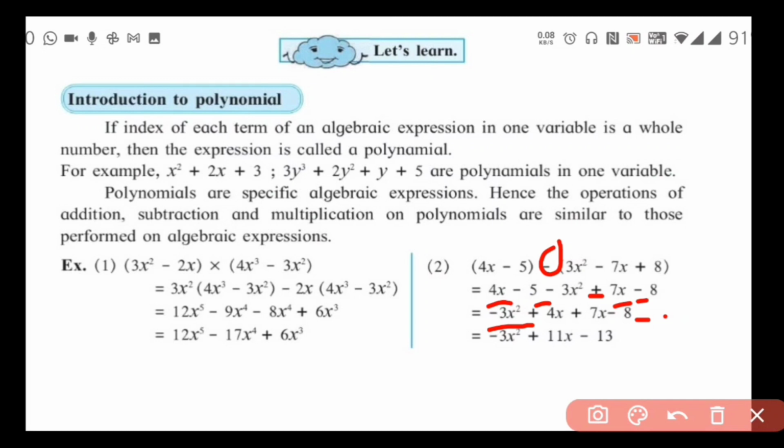Here minus 5 should be written, it is not written here, so it should be minus 5. So minus 3x square as it is, plus 4x plus 7x are the same kind of terms, that means they are like terms. We can add them: 4 plus 7 is 11x, and minus 8 minus 5 is minus 13. In this way we perform the operation of subtraction here.